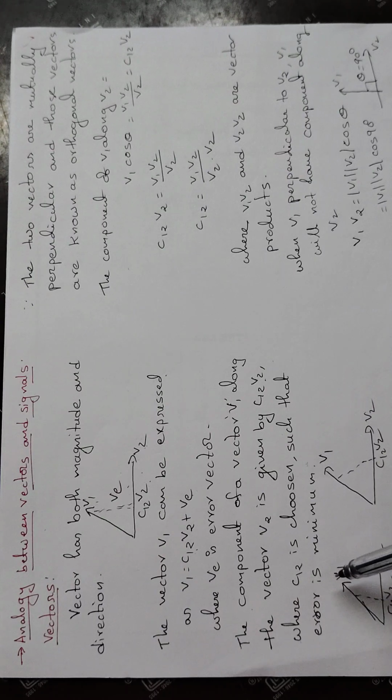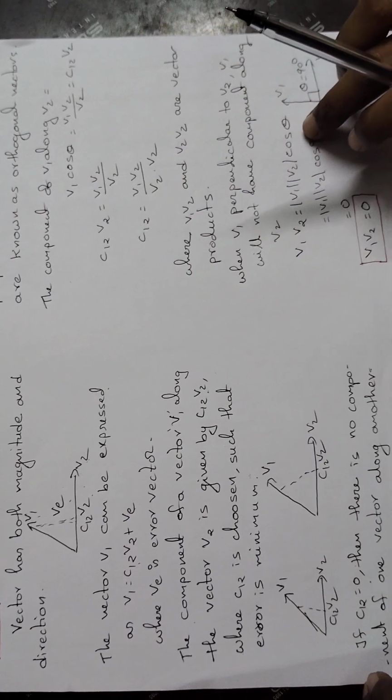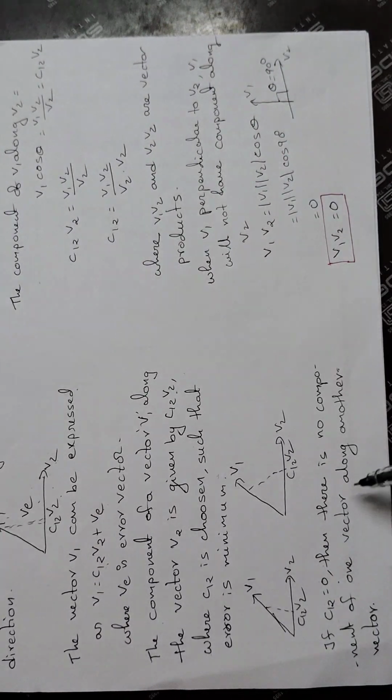If c12 is very large, then the error value is minimized, and if c12 is small, the error is larger. If c12 is equal to 0, the component value is equal to 0, there is no component of one vector along another vector.